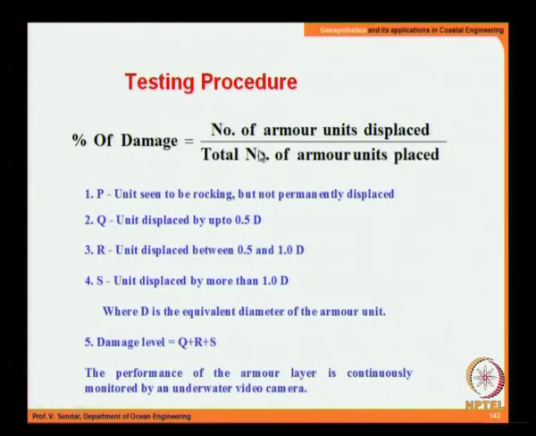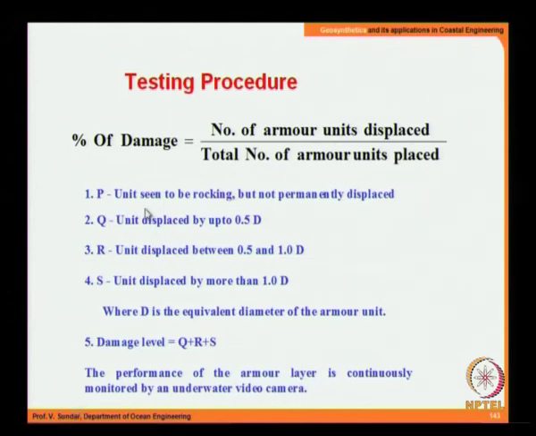So then we use a usual procedure, that is unit rocking P category. This I have already explained, so I do not want to repeat, just touch and go. The percentage of damage is the number of units displaced divided by the total number of units. This was done visually as well as through online recording.